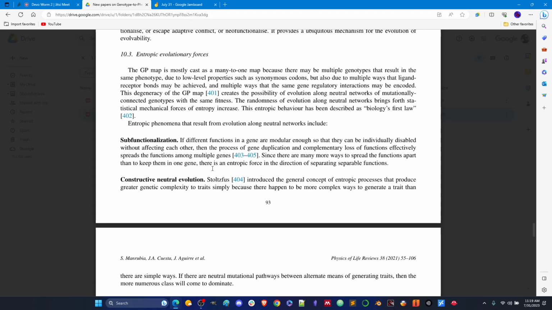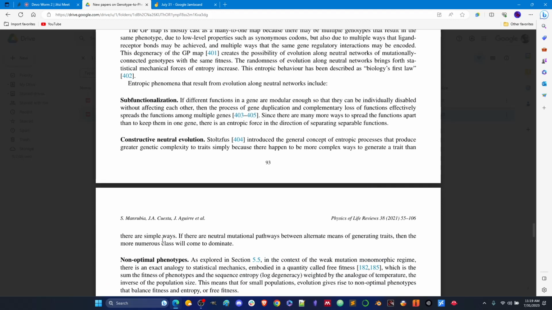Erik Svensson-Stoltzfus has introduced this general concept of entropic processes that produce greater genetic complexity simply because there happen to be more complex ways to generate a trait than there are simple ways. So you start off with a simple way to generate a trait, and then as you move along in evolution, ways become more complex, and this is the sort of entropy.